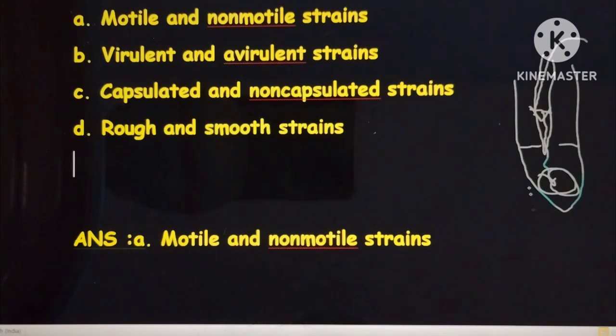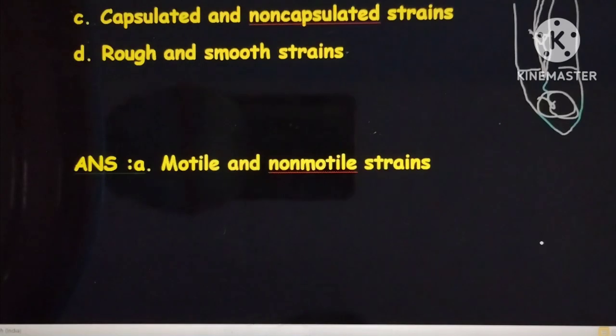I think you can understand. There will be an outer and inner tube. In the inner tube you inoculate the organism. It will start growing towards the outer tube, and you take that culture and subculture it. You can make out the organism. Friends, just for completeness I am saying this. Just remember, Craig's tube is for motile and non-motile strains.